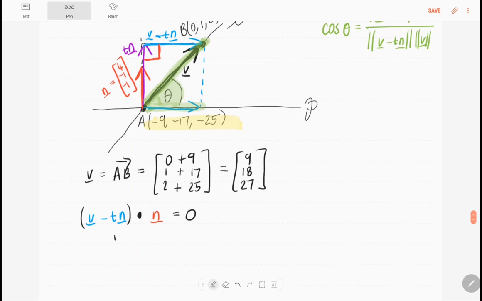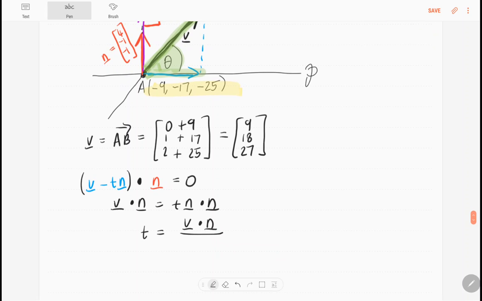That means that v dot n has to be equal to T multiplied by n dot n. So that means T is going to be equal to v dot n over n dot n.